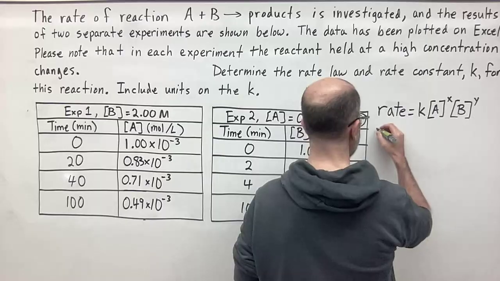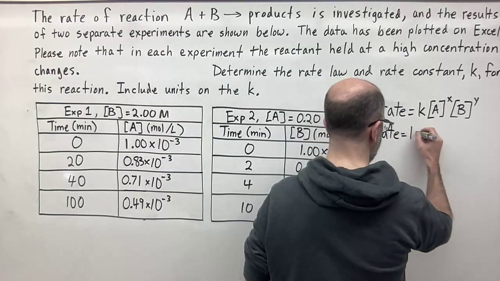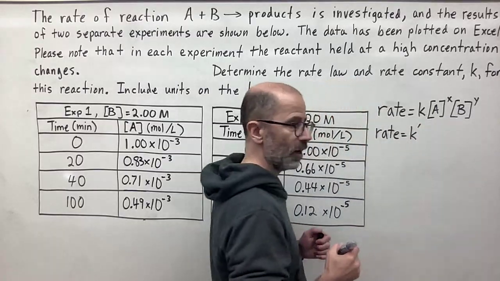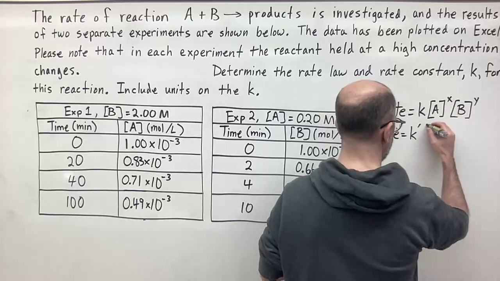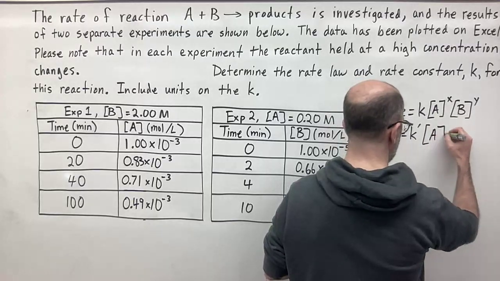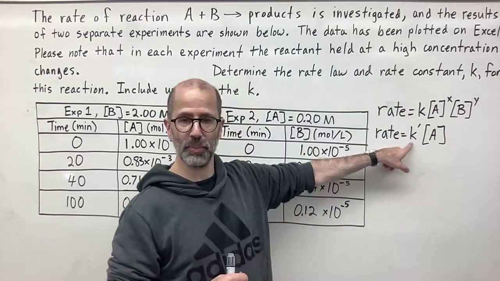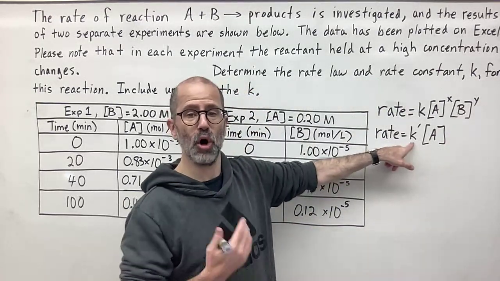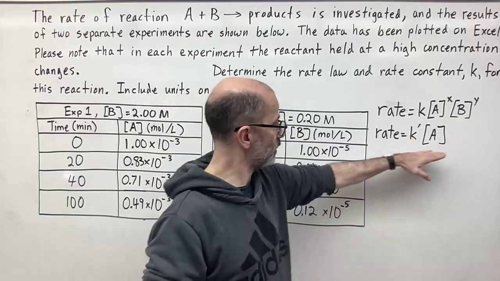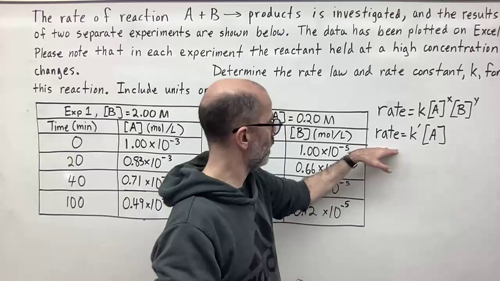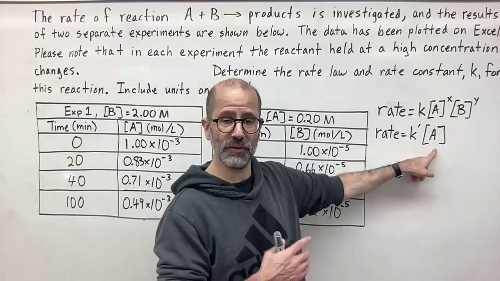So we could rewrite this as the rate is equal to K with a little prime symbol there. So it'd be K prime times the concentration of A. And K prime is what we call the pseudo rate law constant, right? So it's the rate law constant for this reaction with only A, because B is effectively constant.